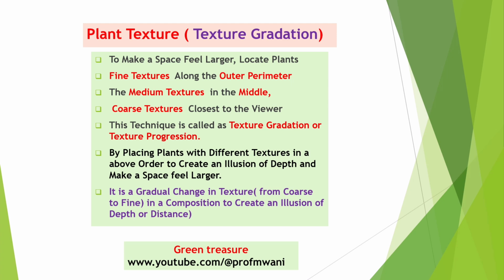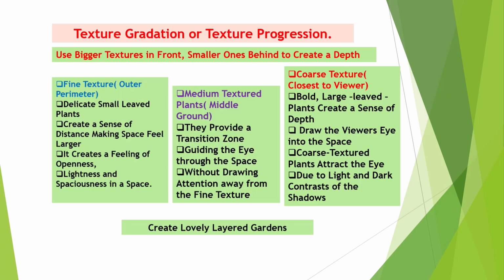So by placing the different textured plants in a particular sequence or order, you will create an illusion that gives an impression whether the space looks larger or the space looks compact. This is texture gradation or texture progression.